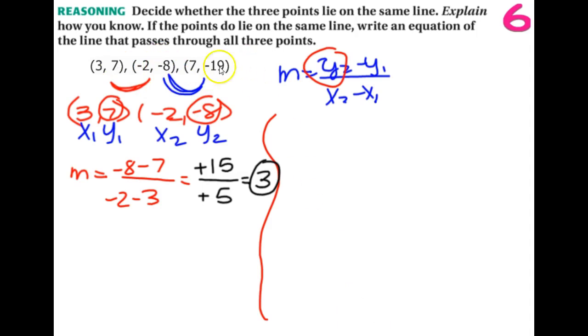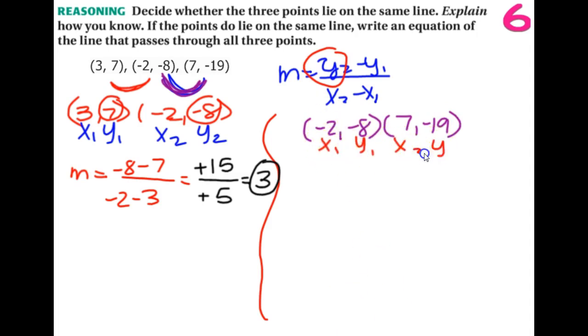Now we're going to find the slope between our next 2 points, these two. So that first point there is (-2, -8), and the second one is (7, -19). So I'm going to label these x1, y1, that's my first point, x2, y2, second point. And let's find our slope. y2 minus y1, so -19 minus a -8, those 2 negatives make a positive.